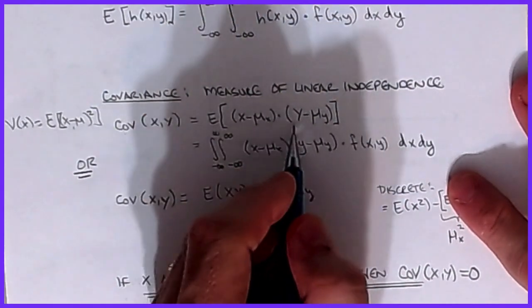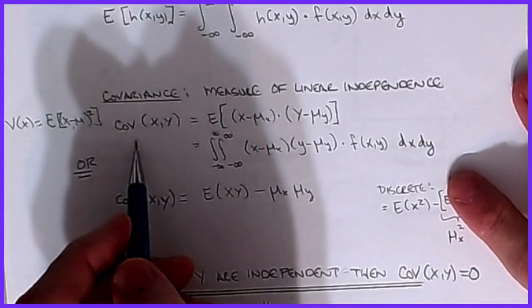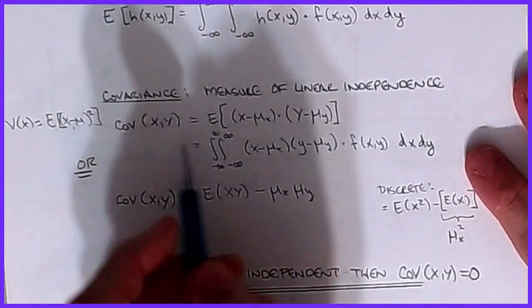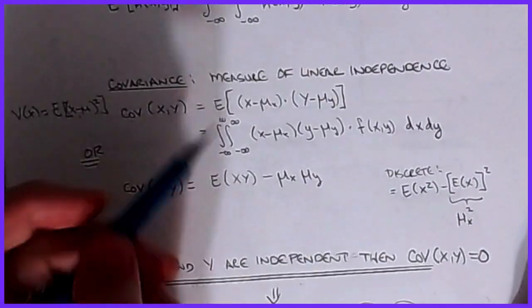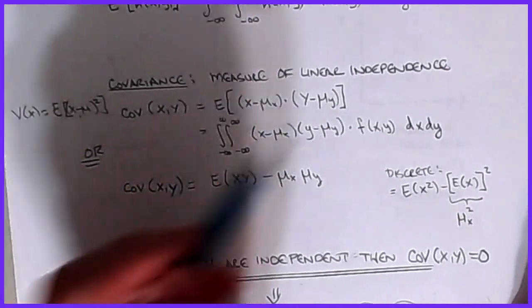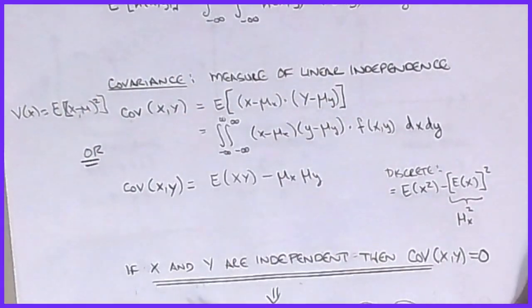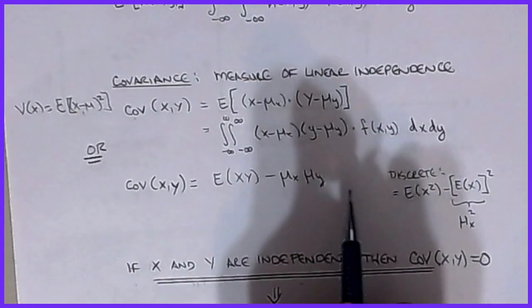So x minus the mean of x and y minus the mean of y will get you the covariance of x and y. If you expand this out, it looks like the double integral from minus infinity to infinity of x minus mu x times y minus mu y, multiplied by the probability distribution function. You can see it gets a little cumbersome to compute.